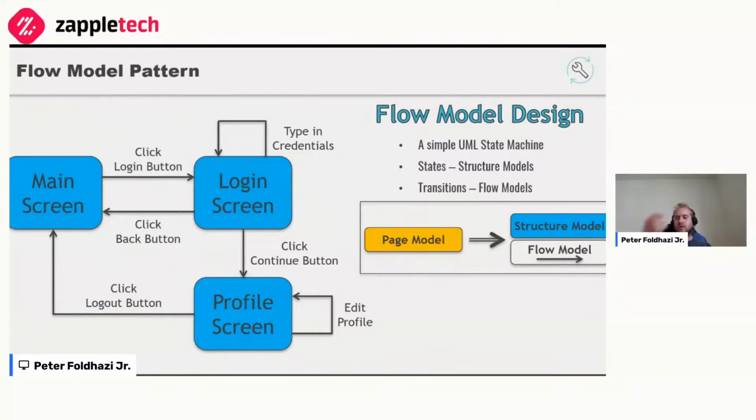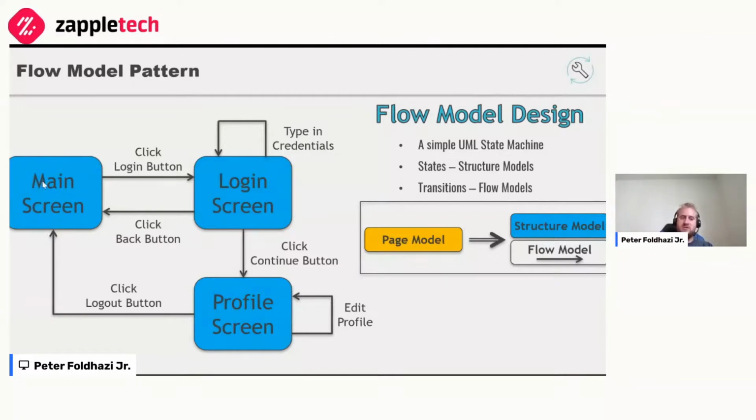Then you can do whatever you want: edit your profile, or if it's, for example, a bank wealth management application, you can check your portfolio, make transactions, or buy anything. Once you want to log out, you just click on the logout button and you get to the main screen again. That's how it's different from the page model, because page models include all the actions inside.